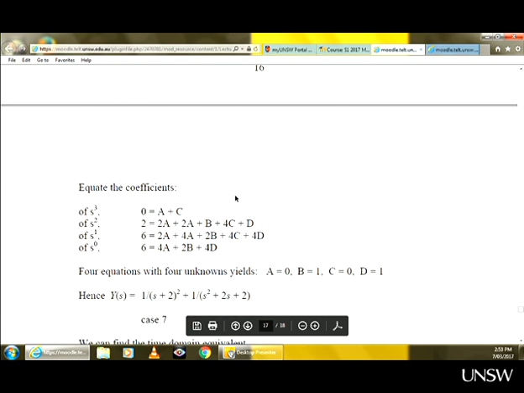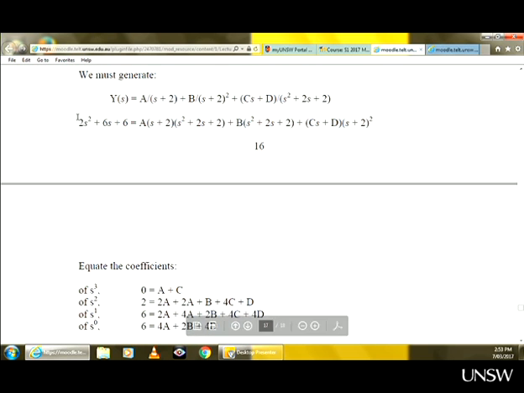Repeat the same for the second order term. On the left-hand side, you have 2. Over here, you will have S multiplying 2S, so that gives us 2S squared, therefore you have 2. Then you have 2A again, because you will have A multiplying 2 and multiplying S squared, and so on and so forth.